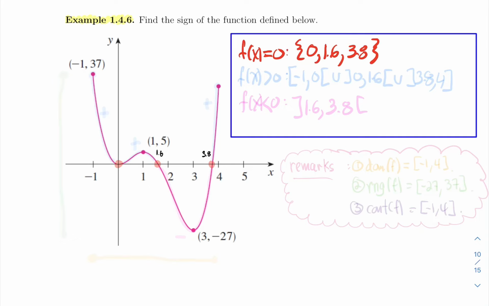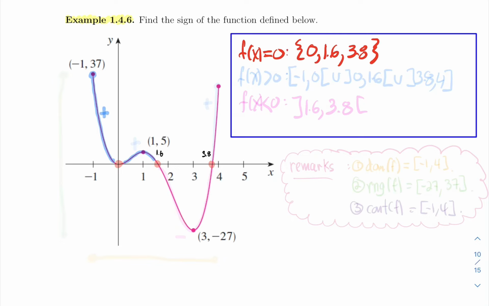Now, what I like to do is just trace over and look at when the branch is positive and when the branch is negative. If I start at -1, the function is equal to 37, and then it's positive all the way up to 0, so that branch is above the x-axis, so this will be a positive part. After 0 until 1.6, the graph is again above the x-axis, so it's again positive.